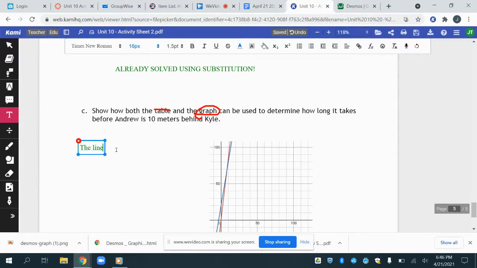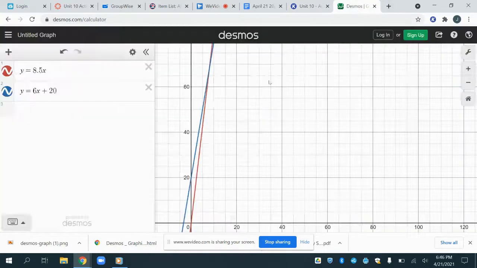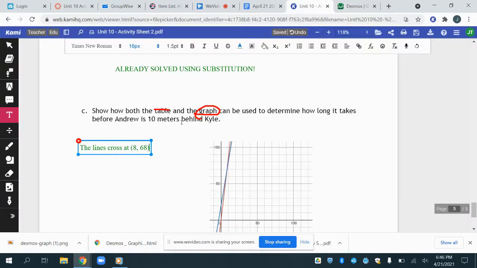The lines cross at 8, I believe. Isn't that right? (8, 68). That's where they cross. This means that Andrew will catch up after 8 seconds.